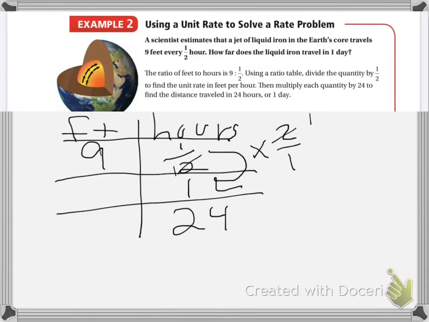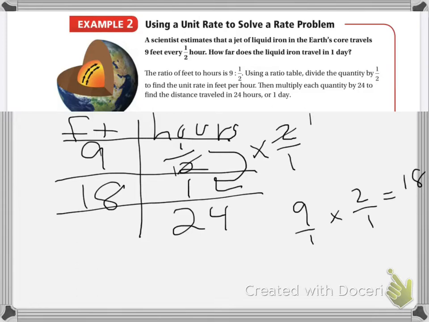If I do that with the half, I have to do that with the 9. So I'm going to do 9 over 1 times 2 over 1. And that gives me 18. So in 1 hour, it's going to travel 18 feet.